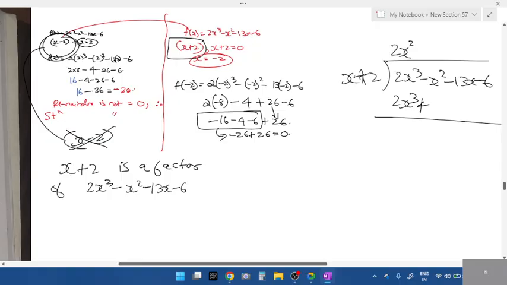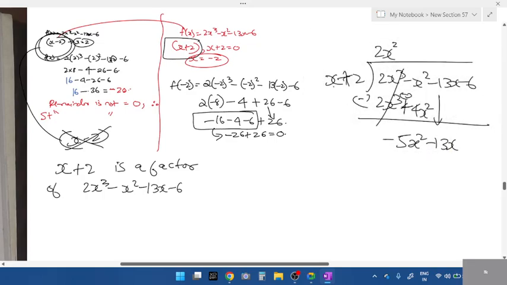No, no. 2 2s are 4x square. Then when you subtract it, it gets cancelled. Minus into minus is minus. How come 3x square? It should be 5x square, right? 4x square. Bring this. Did you all try this question? Long division, all of you?